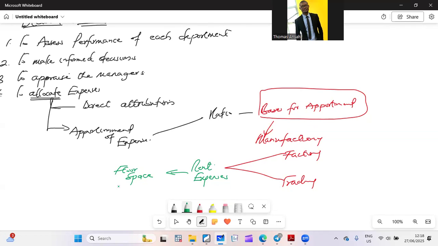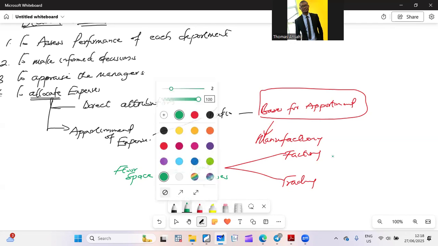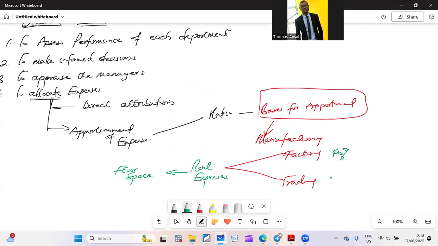This is not cost accounting, this is financial accounting. So you will be given the basis, and you should know that when I take rent, I should use the floor space. The examiner can also say that factory is 40%, trading is 60%. If I give you a total rent expense of 10,000, can you tell me what will be for the factory and what will be for the trading?